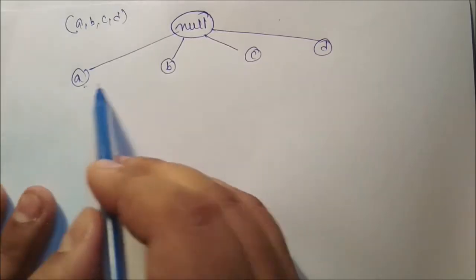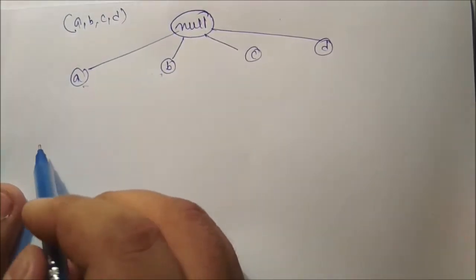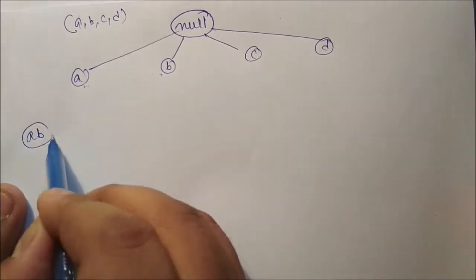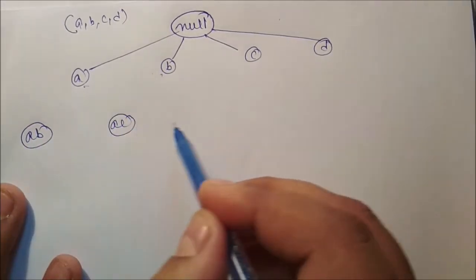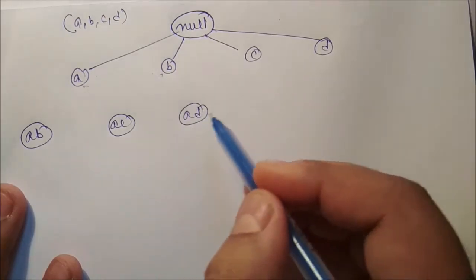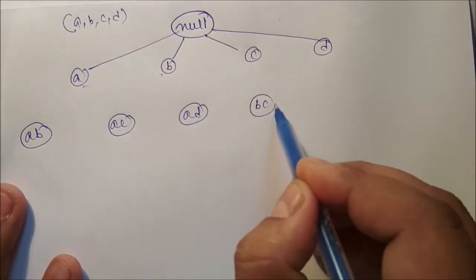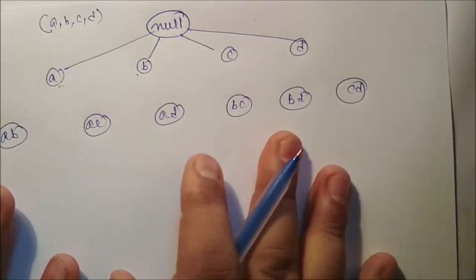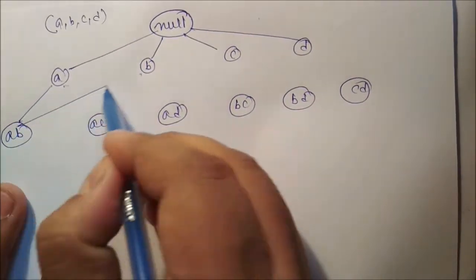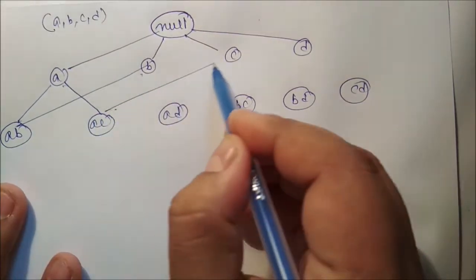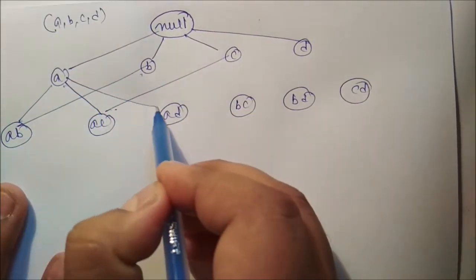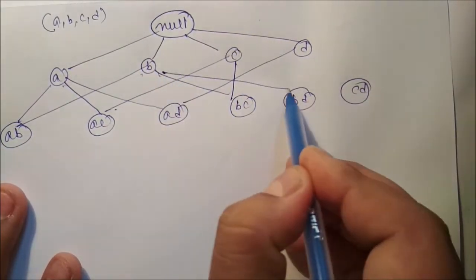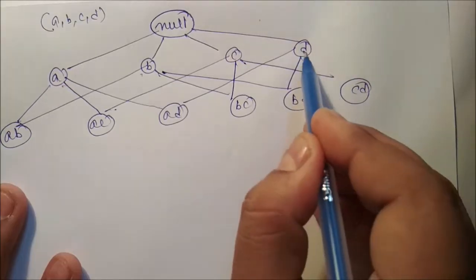After that, we can merge the item sets to get the two item sets: AB, AC, AD, BC, BD and CD. So we merge A with B, A with C, A with D, B with C, B with D and C with D.